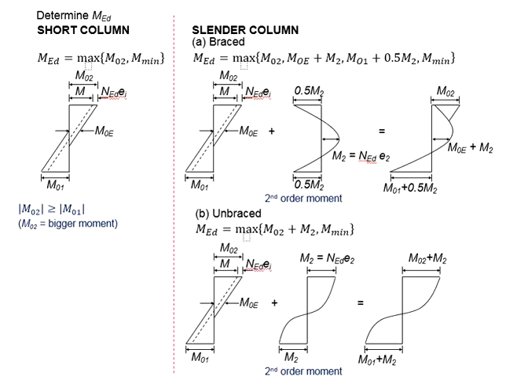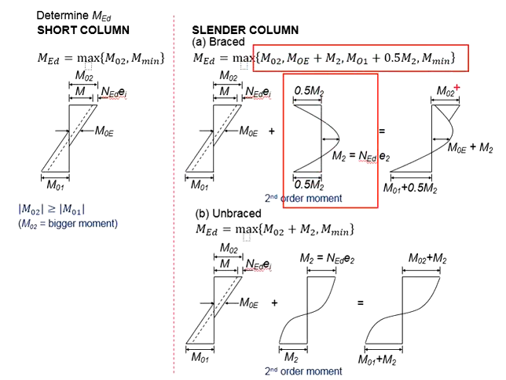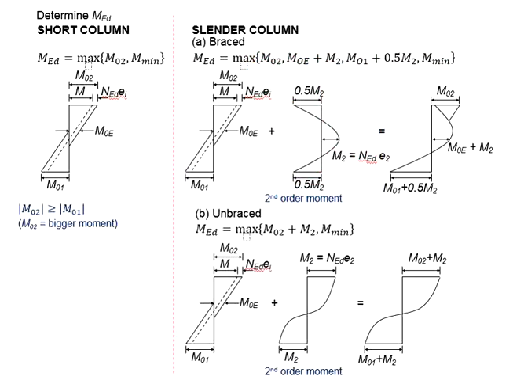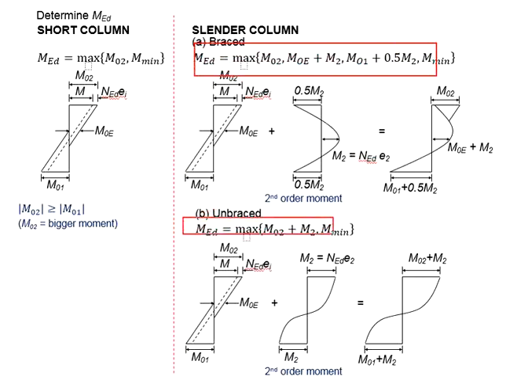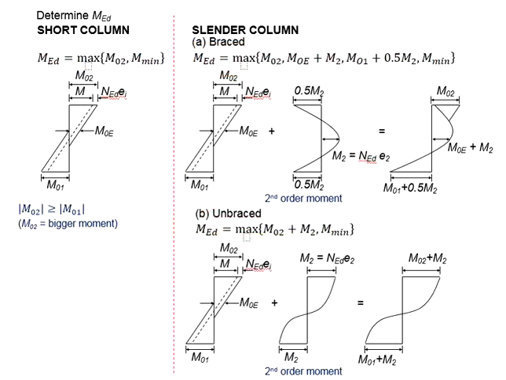In the braced structure, the second order moment may or may not influence the MED. However, for the unbraced structures, the second order moment is definitely a concern in the column design. This leads to the calculations for the MED differing by the column type.